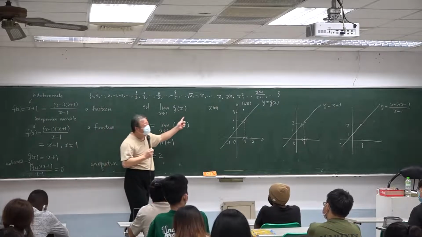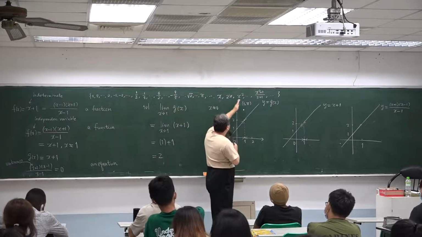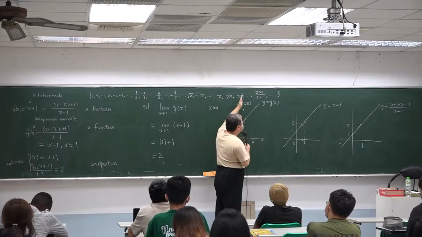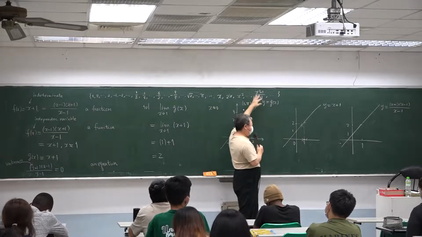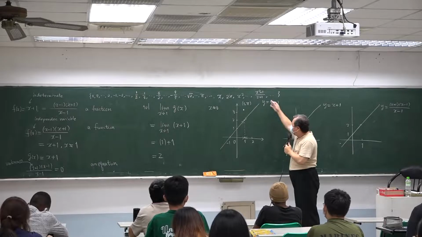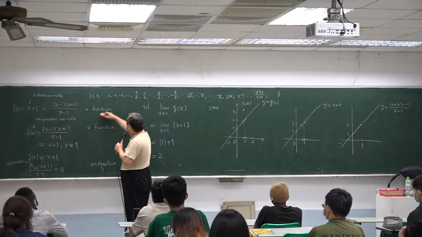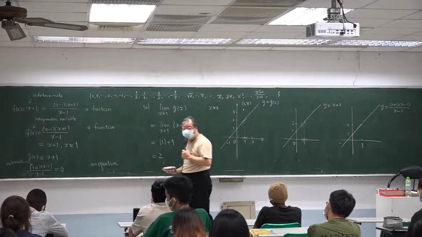Okay, so this is real numbers, and this is a polynomial in x. And if the division is allowed, then we have rational functions, fractions.